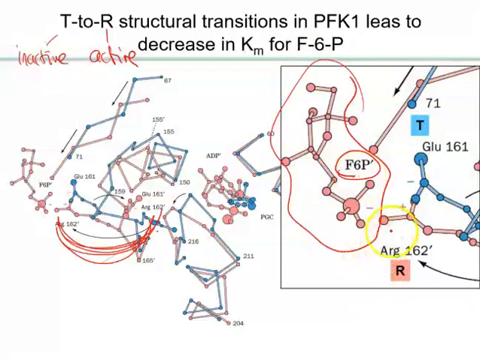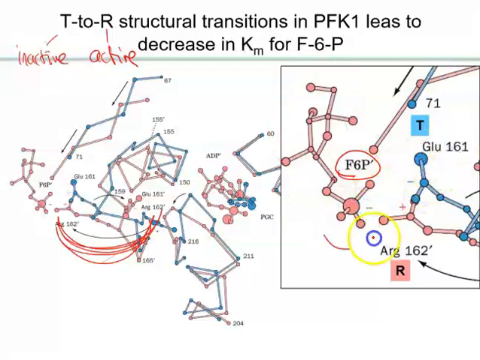So you can see here in the inactive state, we have glutamate 161 present. Glutamate 161 is present in close proximity to the active site, and this is negatively charged. The substrate's negatively charged. Like charges repel. We're going to decrease binding of substrate.